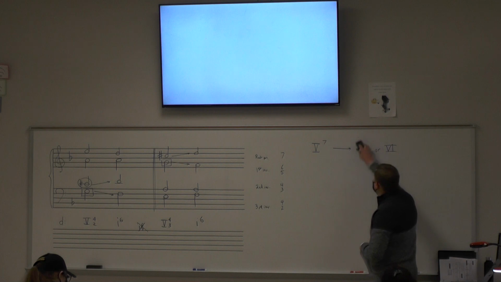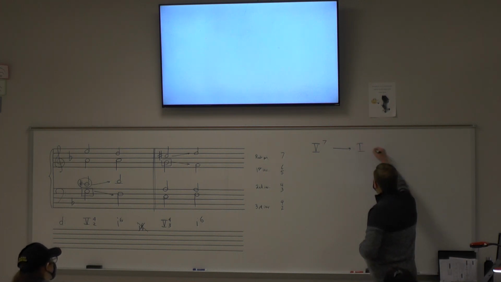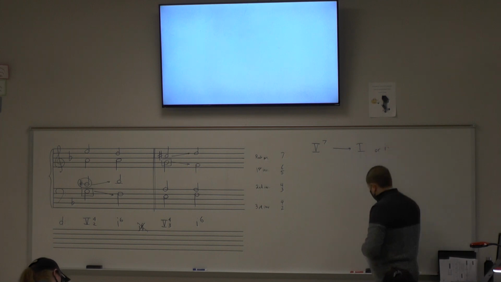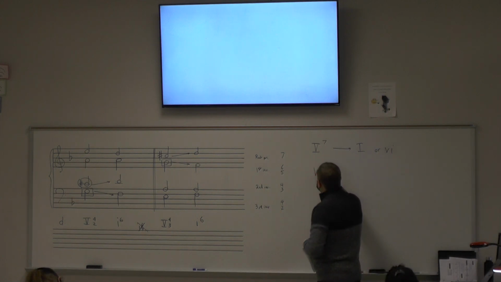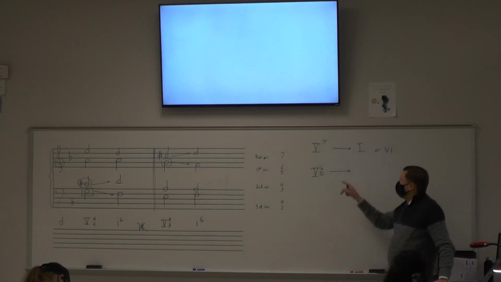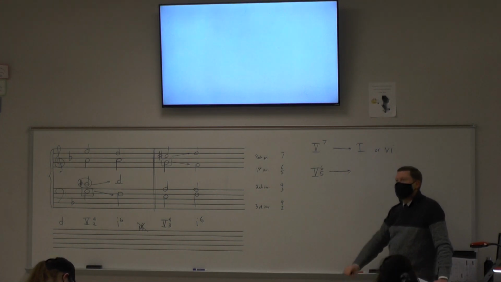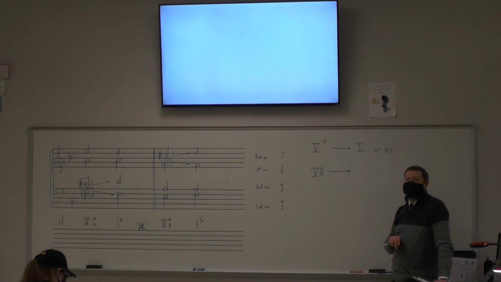That's a good point. Now, I can't even remember, I don't have it on the board anymore, but 6-5 has to go to which bass position of 1? Remember, with a 6-5, Ti is in the bass and has to go up by half step.